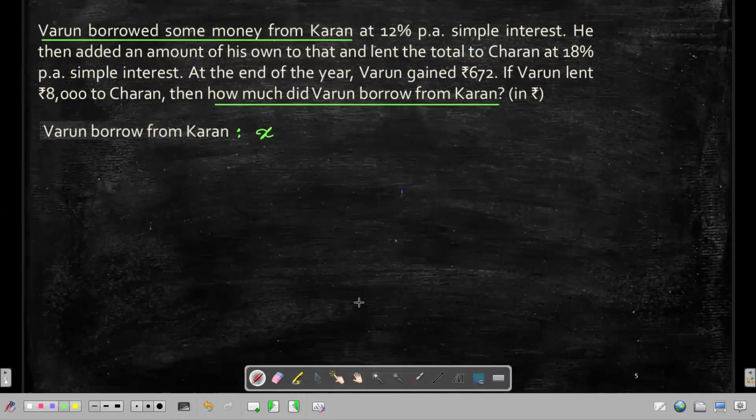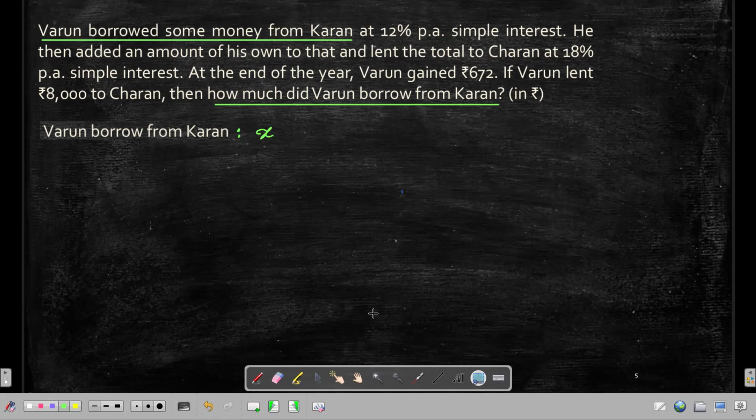So this is the first thing that you have to keep in mind. Varun is borrowing some amount from Karan. Now, what is Varun doing? Varun is lending this amount to Charan at 18% per annum, but he is actually not just lending that X rupees. Varun borrowed X rupees from Karan, and to that X, Varun is putting some extra money from his pocket.